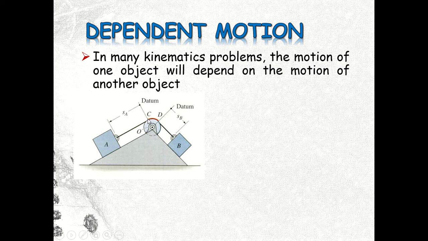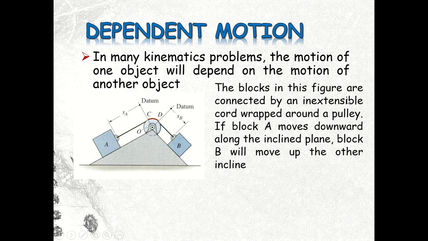And we have here the arc from this point to this point. We call it arc CD, and this is the cable. So we have here the total length of the cable. As this block moves up or down, this length remains constant.